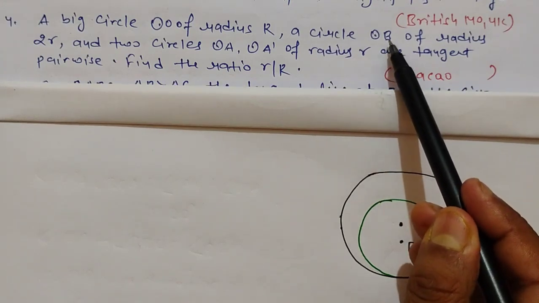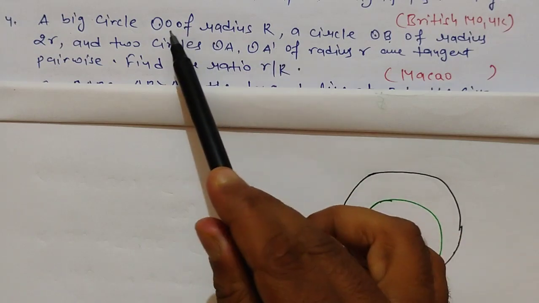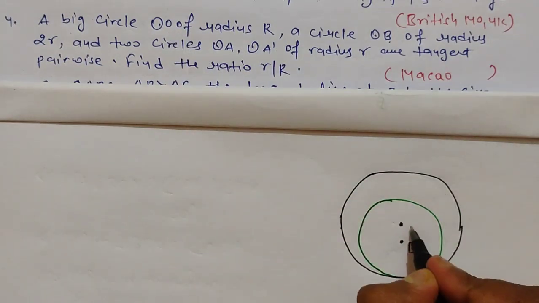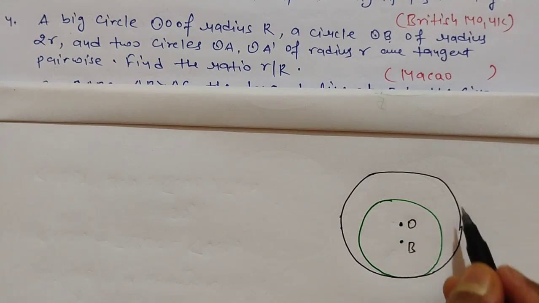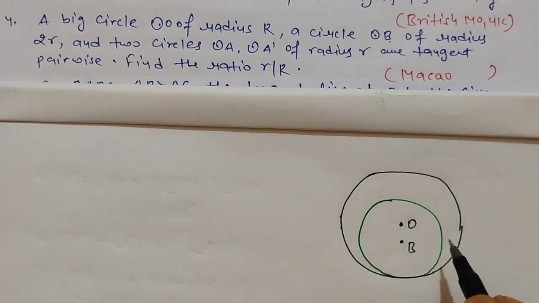This is the second circle and this is the first circle. This is the big circle and this is the inner circle, which is tangent to this circle here.